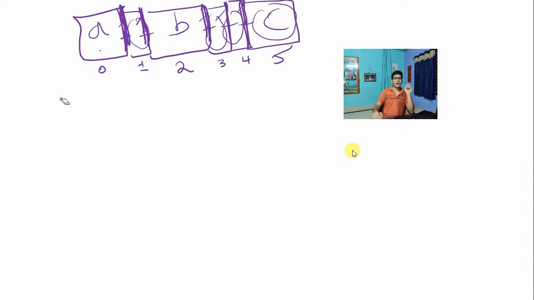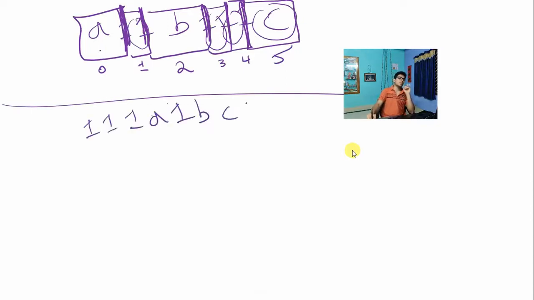What if you had like this, 1 1 1 a 1 b c 1 1 1 1? Now what? Let's see. It will split at this one. Before this one, what is there? Empty string is there. It will split at this one. Before this one, again, empty string is there.